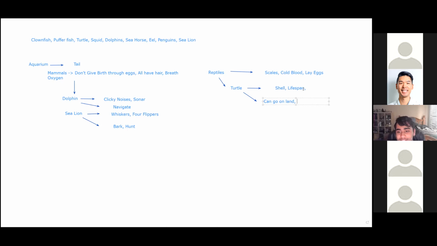So yeah, lifespan, technically, if we're going to be specific, every animal has a lifespan, right? So if we're going to call this lifespan, I think we should put it up here with everything else, right? But something specific to turtles, right? We said besides the shell, we'll just say something like that, right?